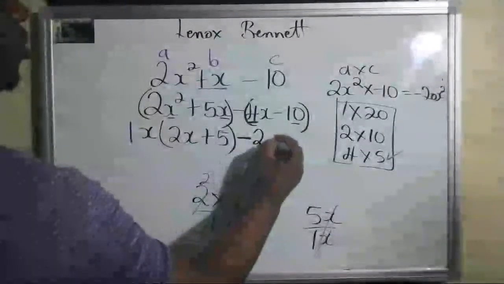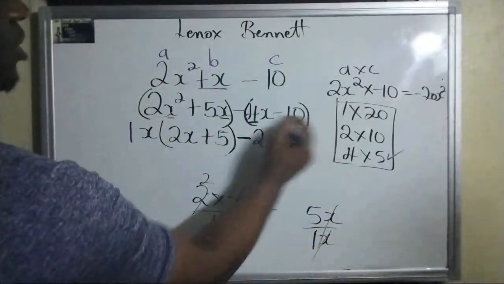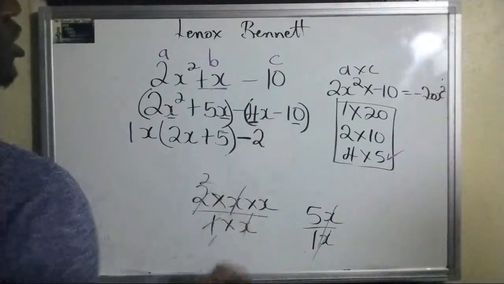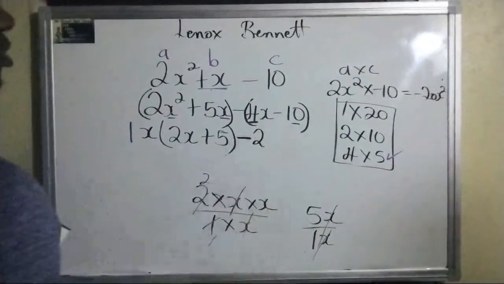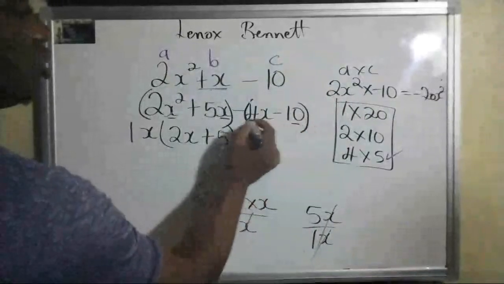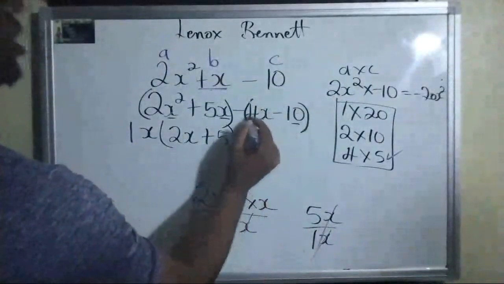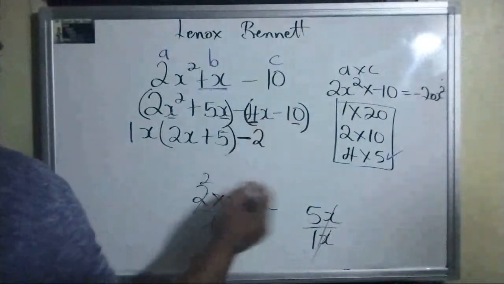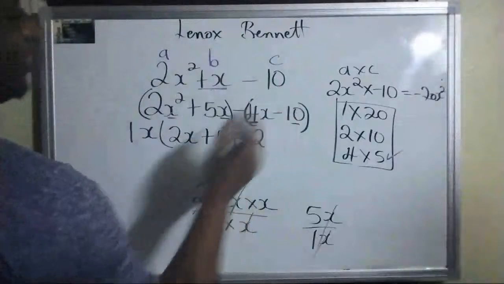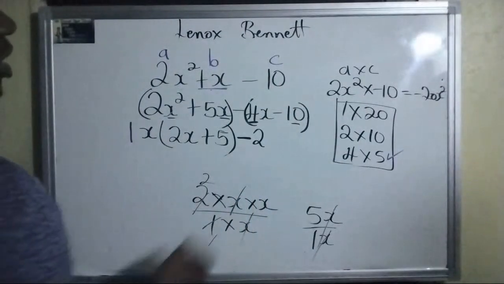So put minus 2 here. We can't put the x because there's no x with the 10. The x is not common, it's only in this term. Students sometimes put 2x. There's no way we can have x, it has to be common to both. There's no x in this, so don't put the x.